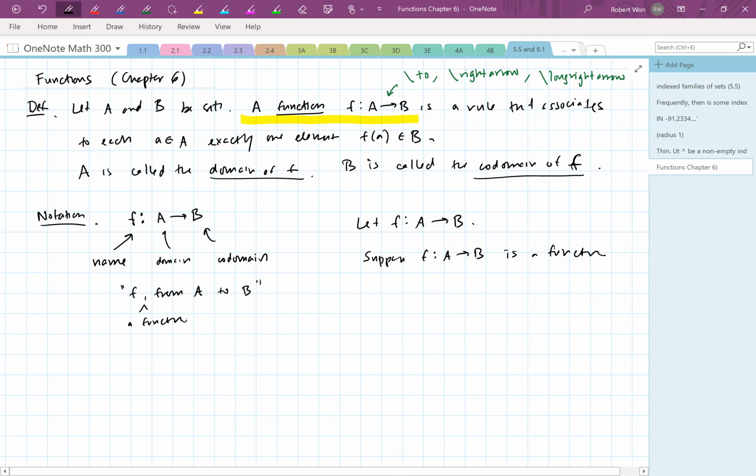Okay, and then the last note here is this word codomain. So maybe some of you in high school or something called this the range. But range we should actually reserve for something different, namely the set of actual outputs of the function.